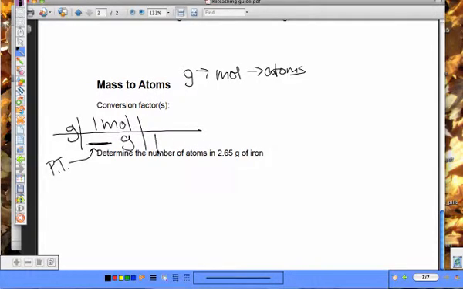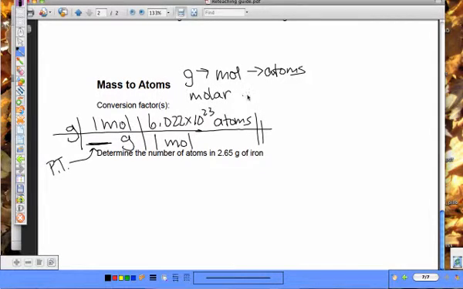And then we know how many atoms are in 1 mole. So we actually used molar mass first this time, and then we used Avogadro's number.